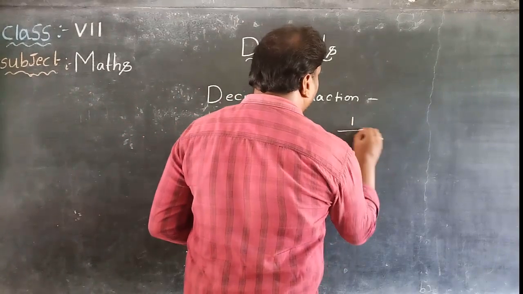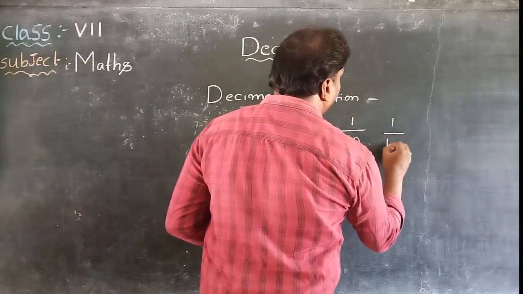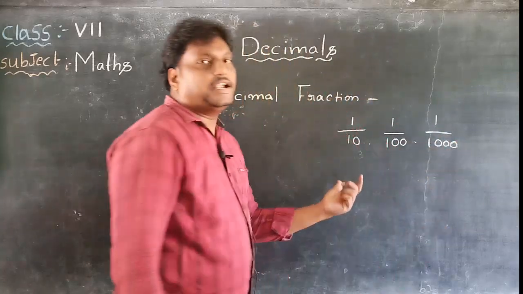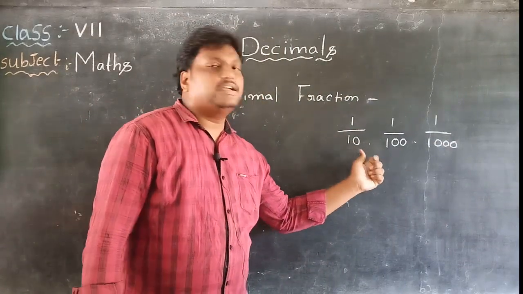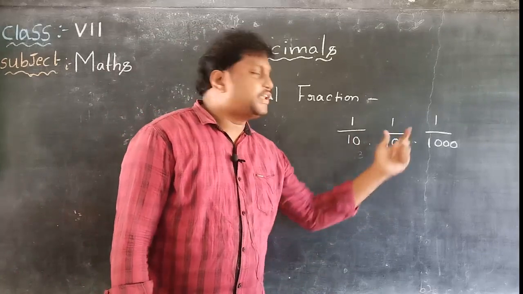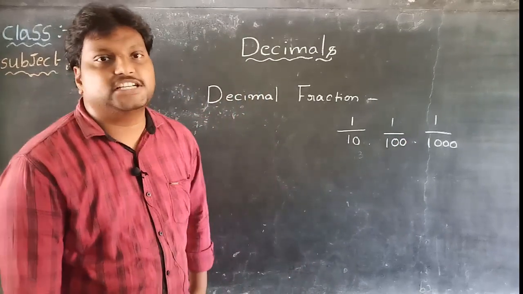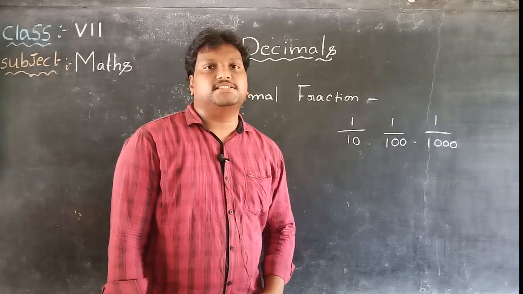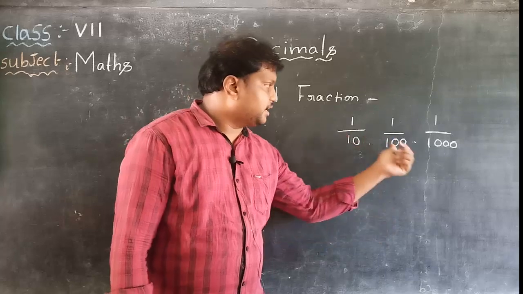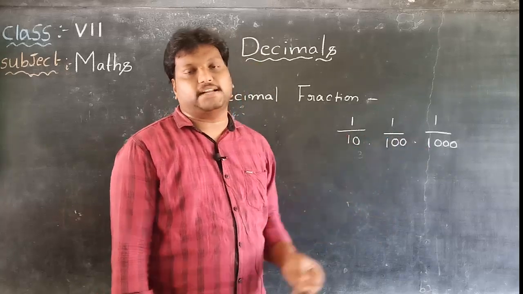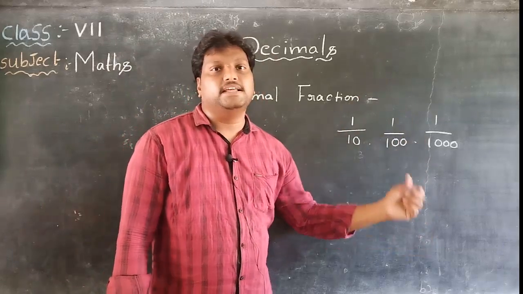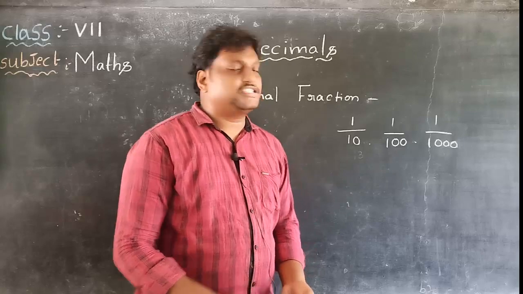In the denominator, we have 10 or multiples of 10, means zeros. These fractions are called decimal fractions. In the denominator we have 10, 100, 1000, like that, means powers of 10, not just multiples. Powers of 10 are there in the denominator. These fractions are called decimal fractions.